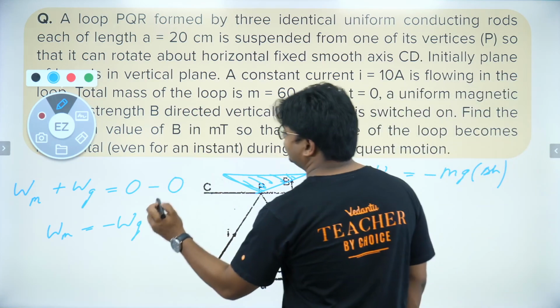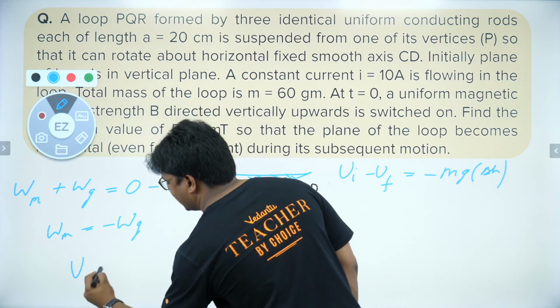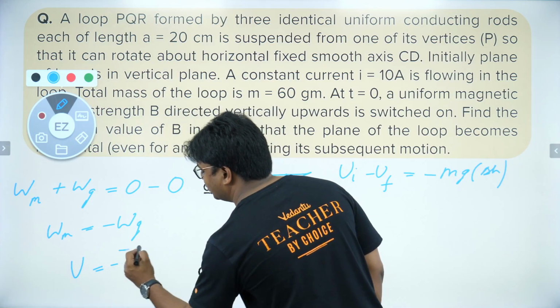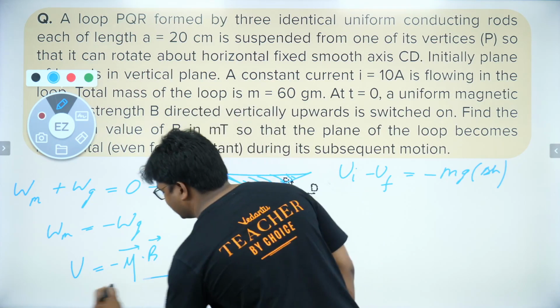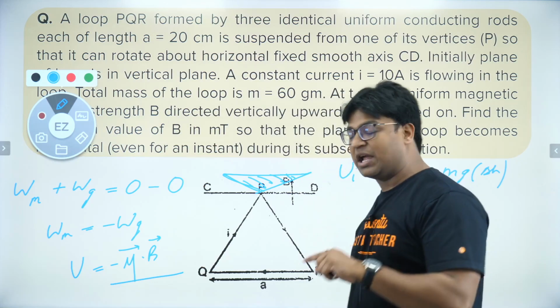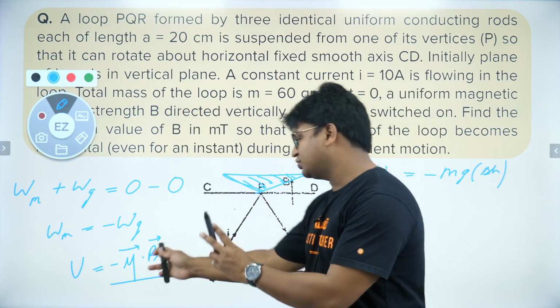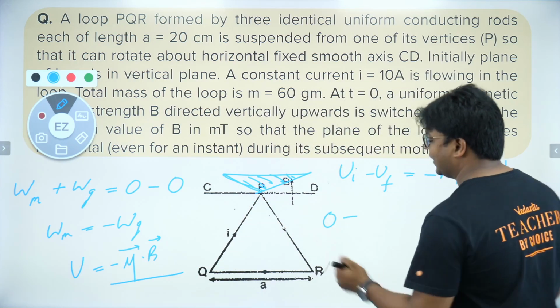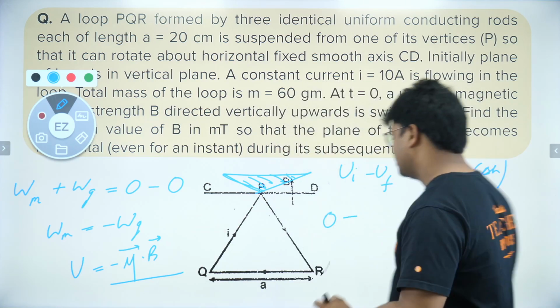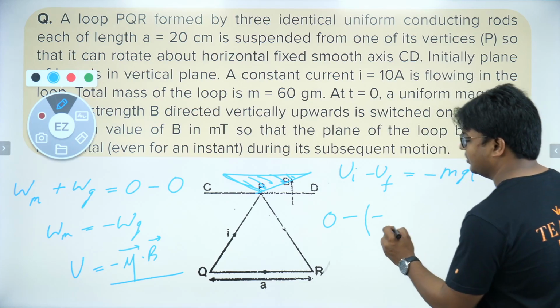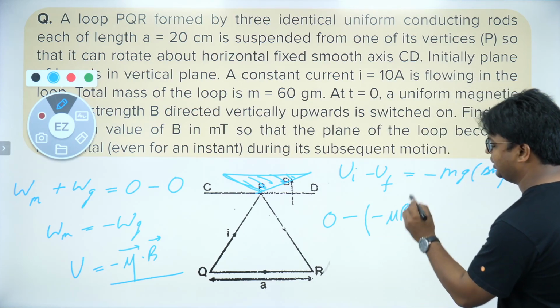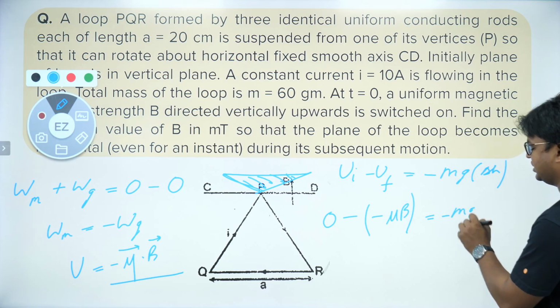We write U as minus mu dot B, the negative of the dot product of magnetic dipole moment and magnetic field. Initially these two vectors are perpendicular to each other, so U initial is 0, and finally they will be in the same direction. So we write minus mu B equals minus mgh.